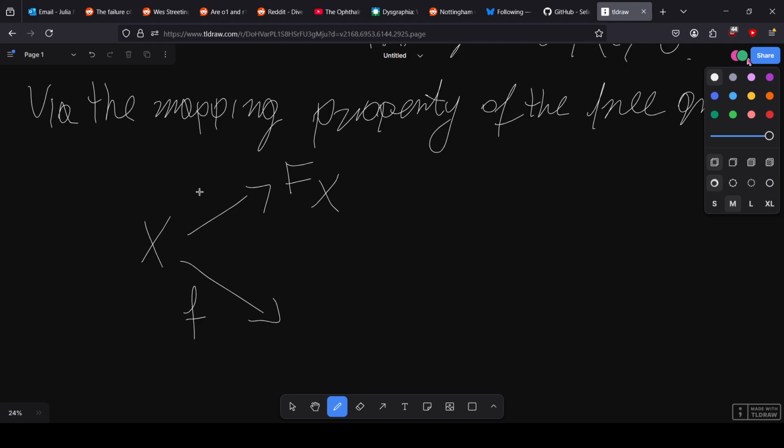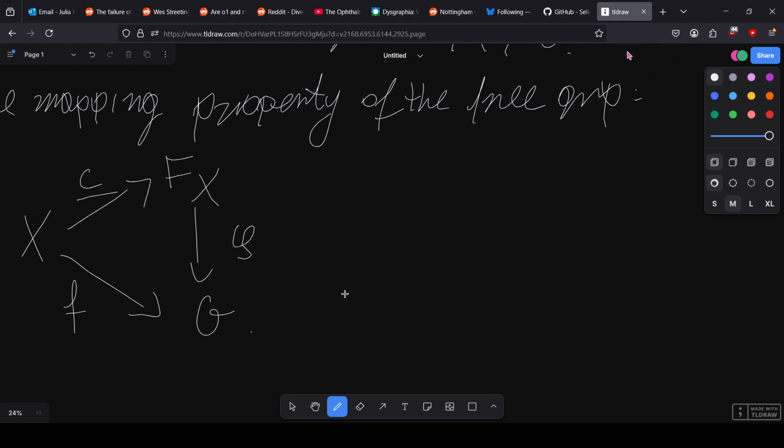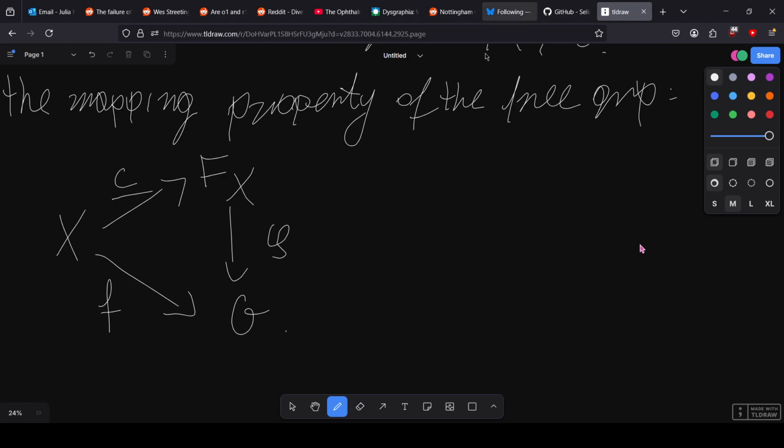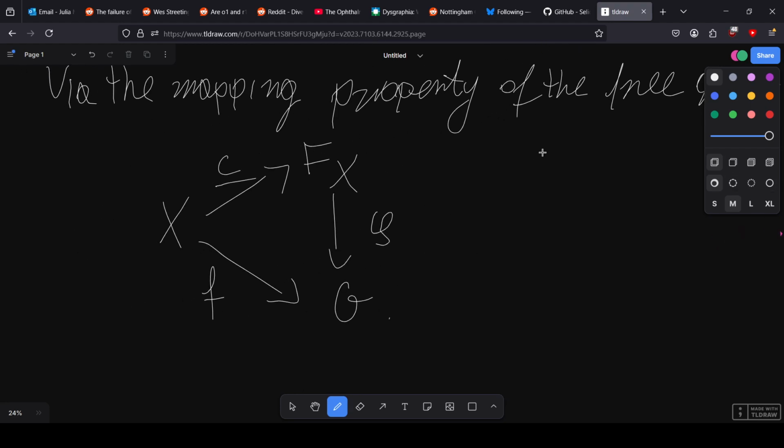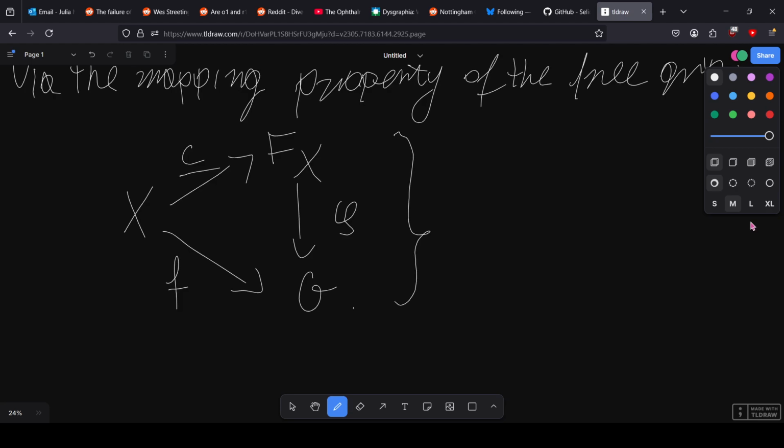We have the free group on the set X, with inclusion here. And we have the map phi into G itself. One thing that I want to stress here is that this can be chained. This gives us a really nice way of describing things.